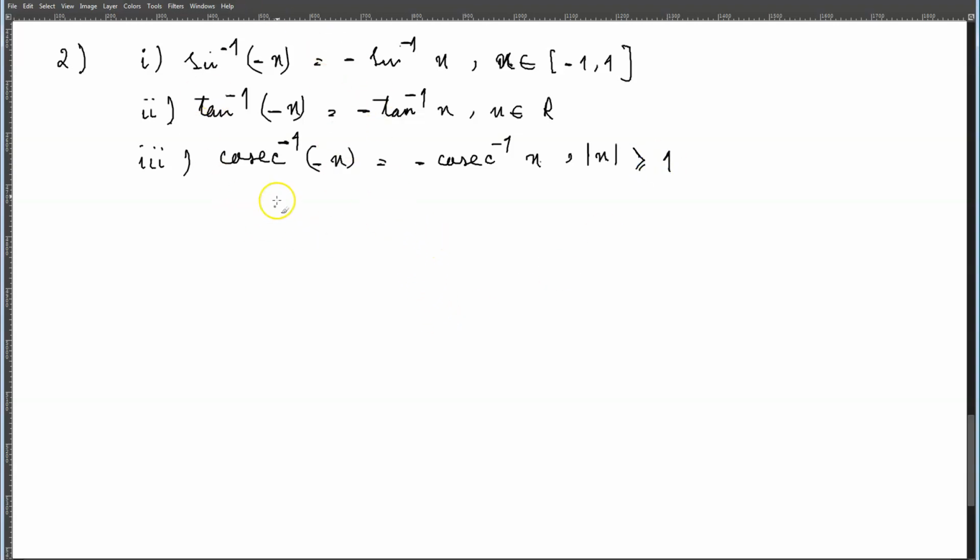So this is the second thing that we need to discuss here. Okay, so basically the sine inverse of negative x is equal to that, and so on and so forth.